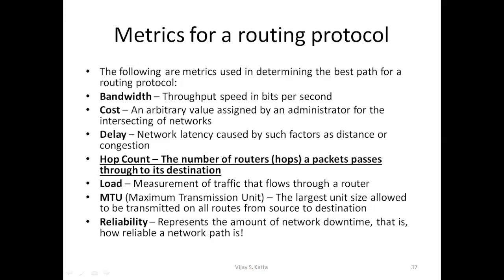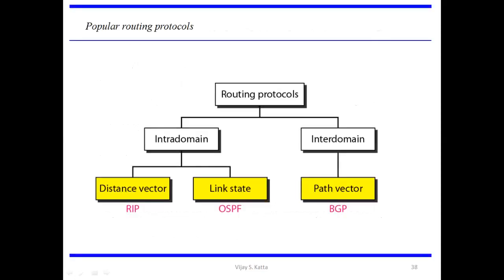Hop count is nothing but the number of routers a packet passes through to its destination. It means the number of routers a packet leaves to reach the destination is called the hop count. Whenever a packet leaves any router, the hop count is incremented by 1. Next are the traffic load, MTU, maximum transmission unit, and some reliability factors.